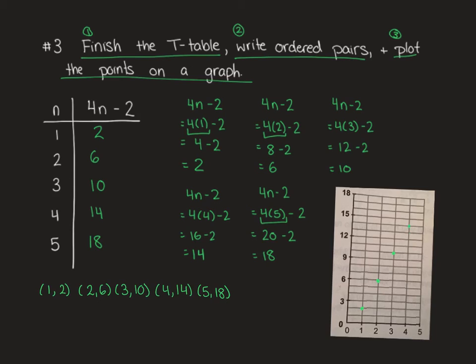So we plot our point, and our last one is 5 and 18, so x-axis 5, y-axis 18 is going to be right at the top. The instructions here don't ask you to connect them with a line, so you're fine to just leave it as the dots, and you are finished.